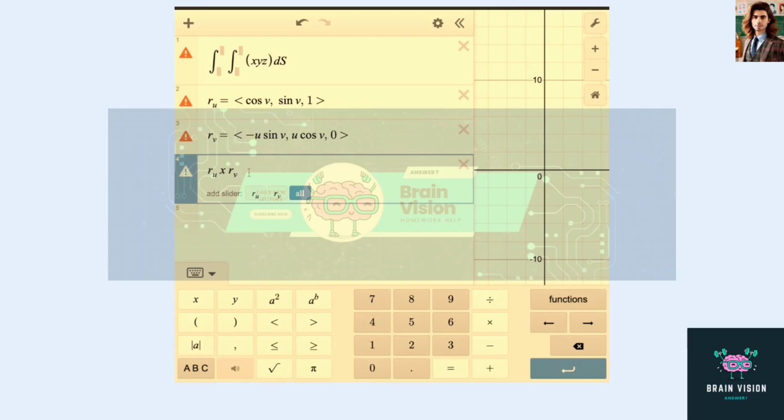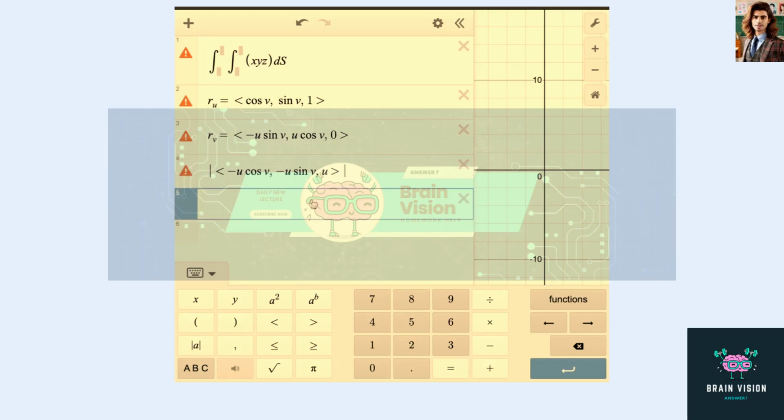What we'll end up getting as a result is a negative u cosine v, negative u sine v, and u. So now that we have that, we want to take the magnitude of that, and we'll end up getting u square root of 2, just by following that process.